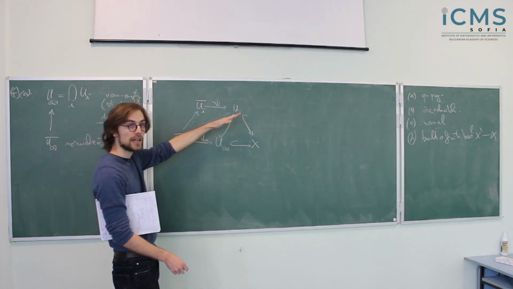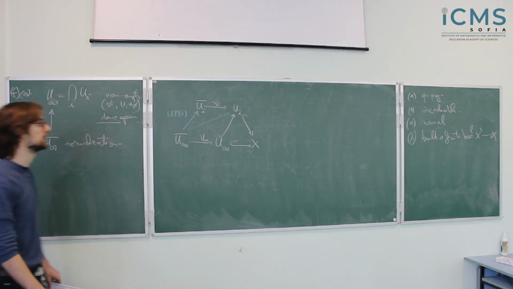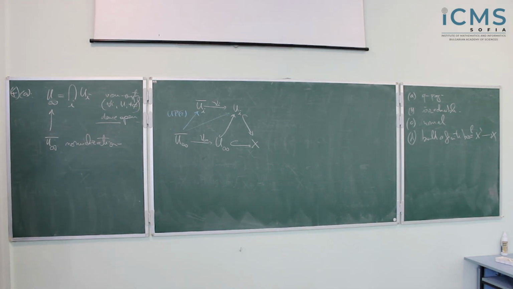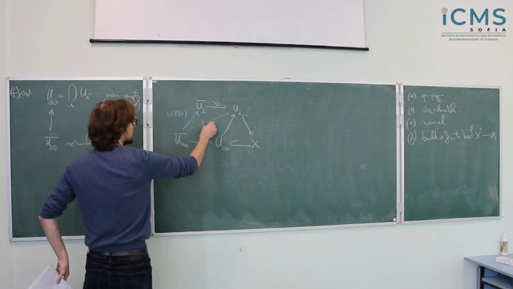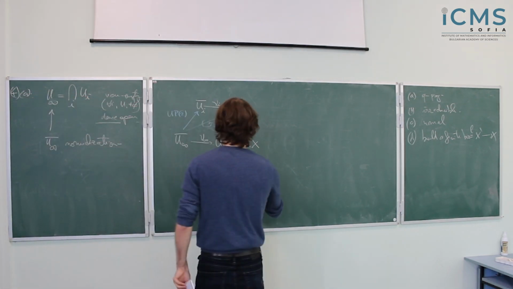The universal property guarantees that I can lift this morphism up, such that everything here commutes. I can also do it for a second half.